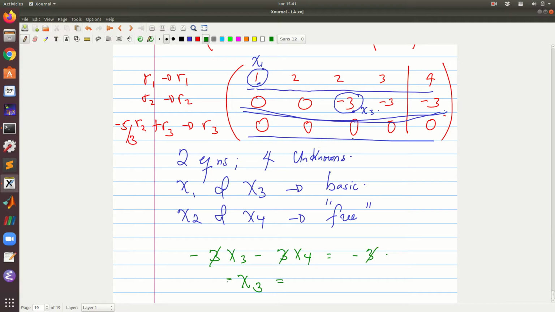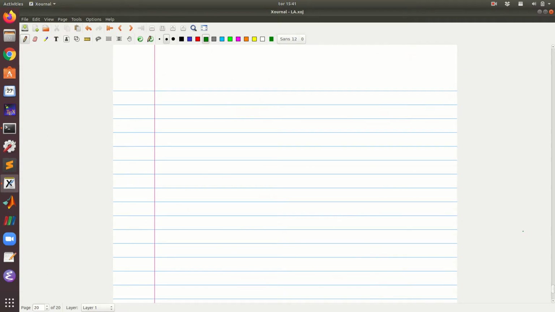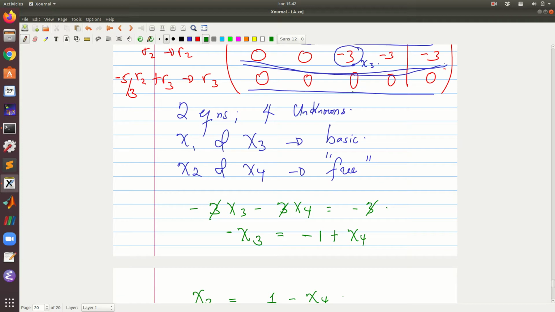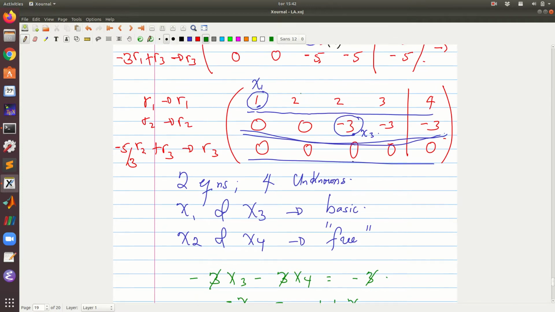So we have that -x3 equals -1 plus x4, or we could write and say that x3 equals 1 minus x4. Okay, if we haven't made a mistake.